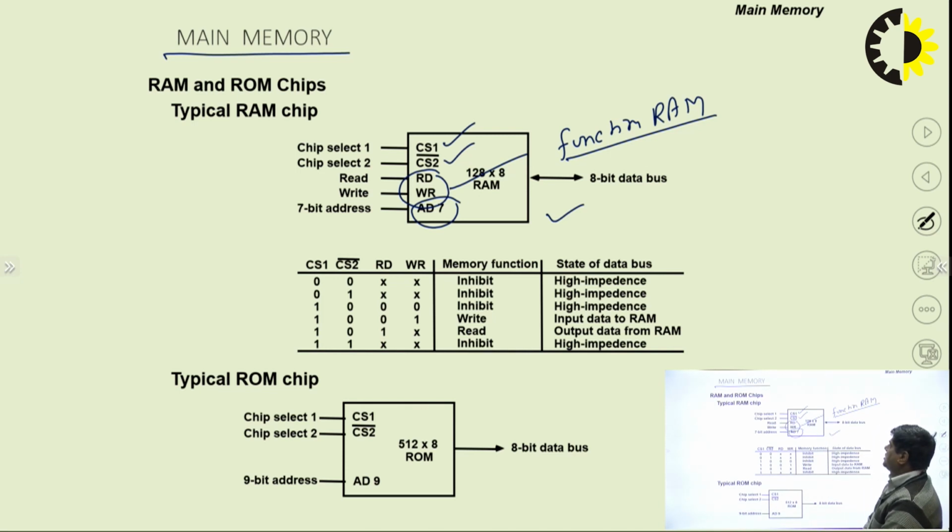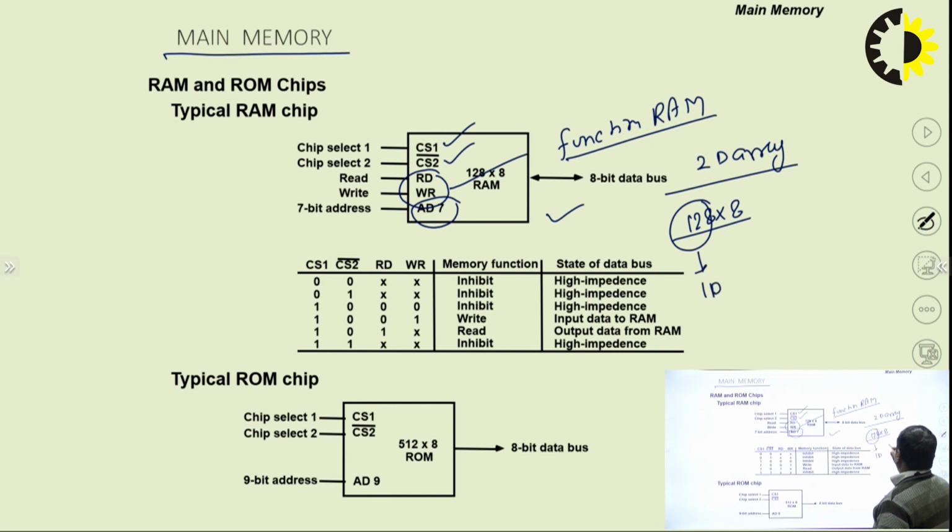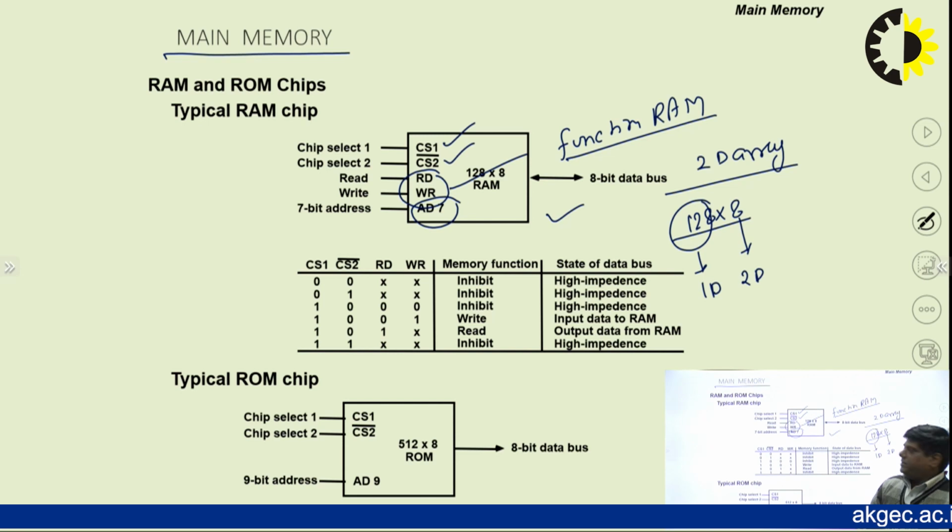Especially, RAM is classified as a 2-dimensional array, a 2D array. For example, 128 cross 8. Now this is the 1D, this is the 2D. The first dimension of the RAM is known as the size of the memory.